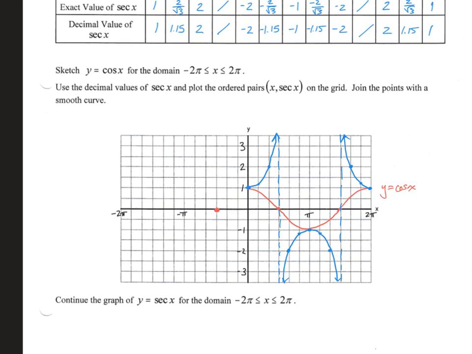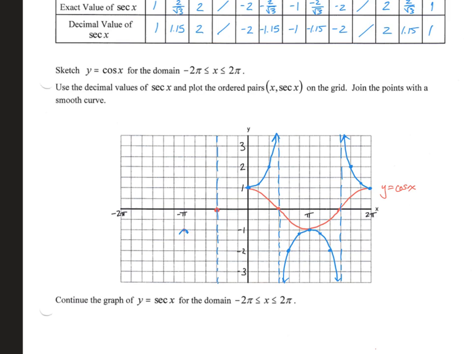And so if it's a 0, then the reciprocal of 0 gives me undefined. And so I have an asymptote. We would then know that we would come back and hit a minimum at negative pi, which means we have a maximum on our secant.